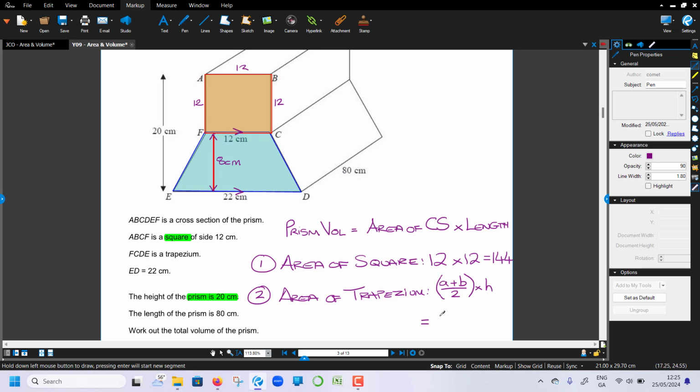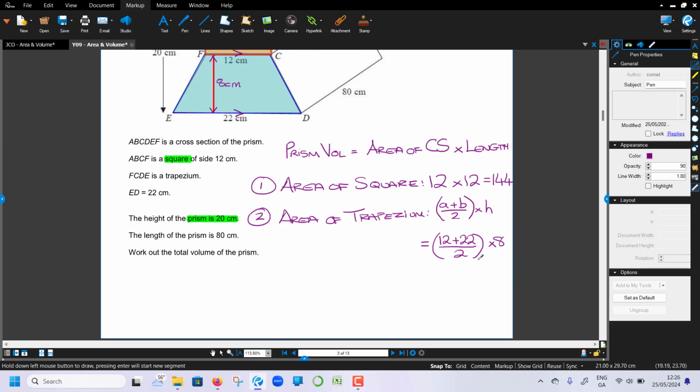So that equals 12 plus 22 over 2, and we're going to multiply that by the height, which we figured out was 8. All right. So 22 plus 12 is 34, divided by 2 is 17.